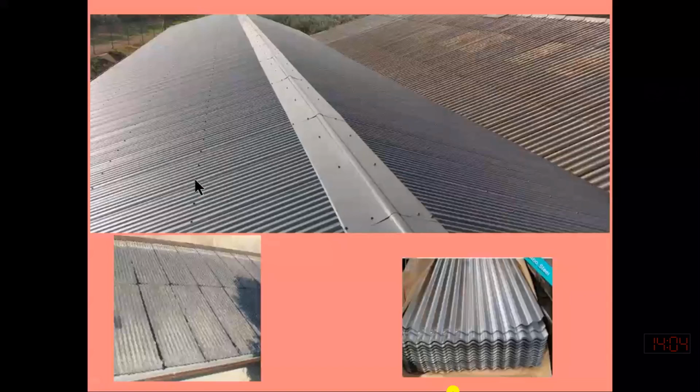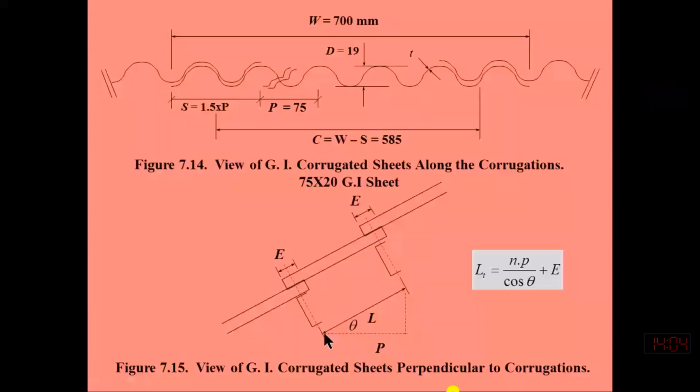So actually what I need to explain is that if we want to cover a space whose length equals L between panel points, we need to provide some extra portion. So we need to provide the end lap. Half of the end lap is provided on one side and half of the end lap is provided on the other side.